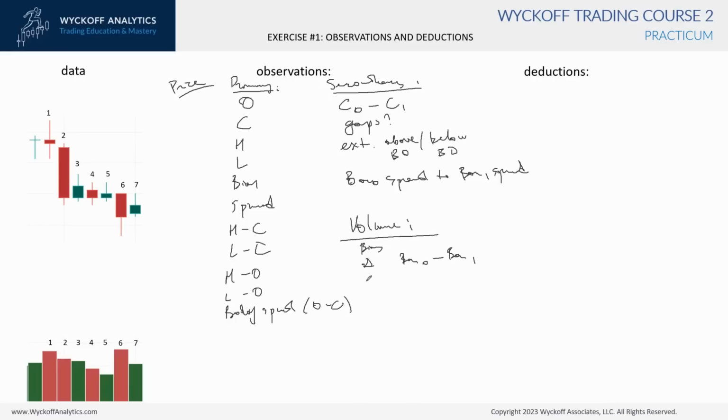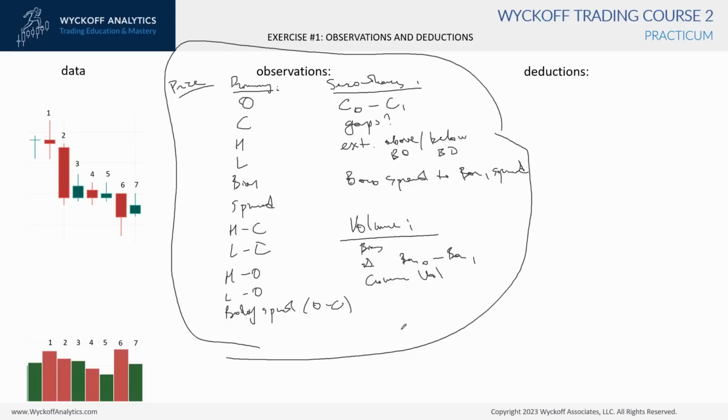Then we also could have ideas about cumulative volume signature for a specific number of bars of the same color, of the same bias, and so on and so forth. So there is quite a lot of pieces of information from the primary and secondary data points that we could extract. And then based on that, we need to do all of that deductive reasoning.